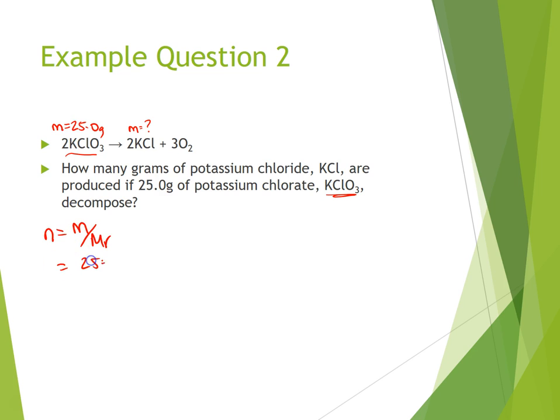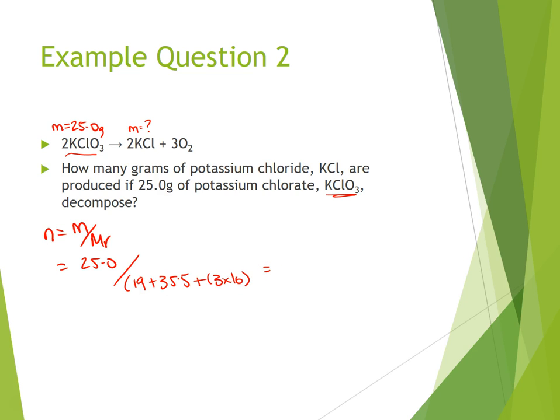So we've got 25 grams, and then for potassium chlorate, you're going to take the 19 for potassium and then 35.5, so 19 plus 35.5 plus 3 times 16.